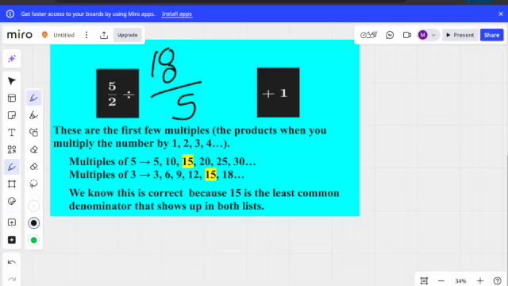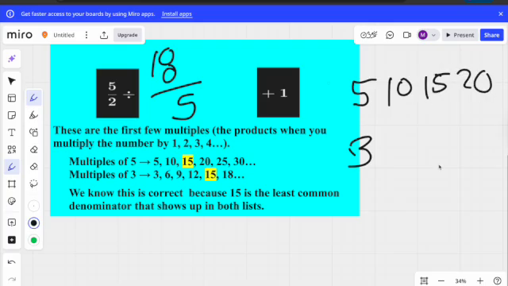We're going to take that original 3 and 5, as I showed you before, and we're going to do multiples of each number until we find a number that matches in both lists. So obviously we're going to do 5, 10, 15, 20, then we're going to do 3, 6, 9, 12, 15.